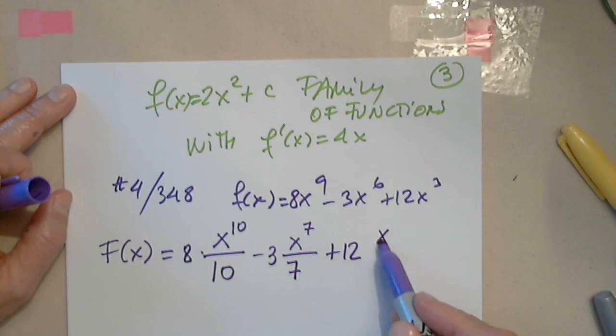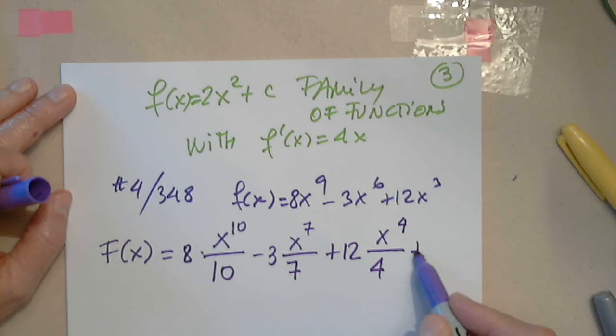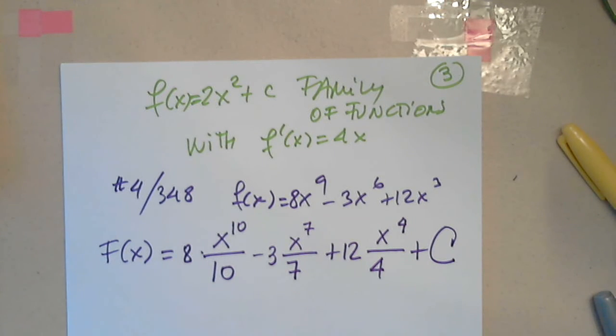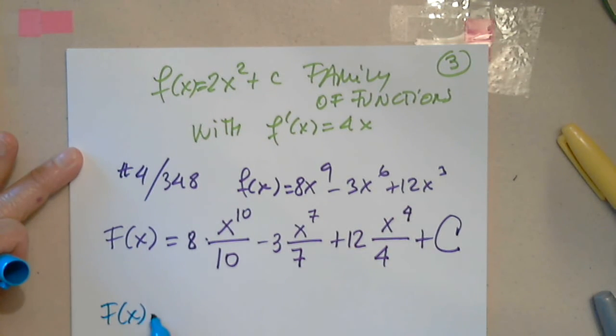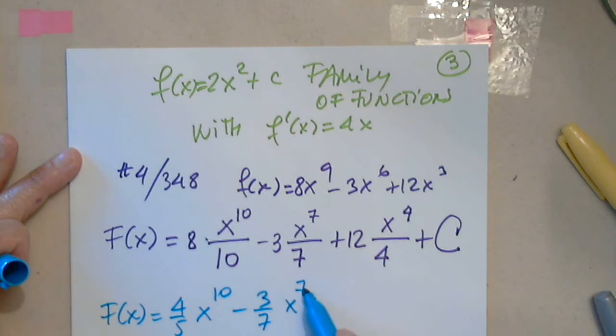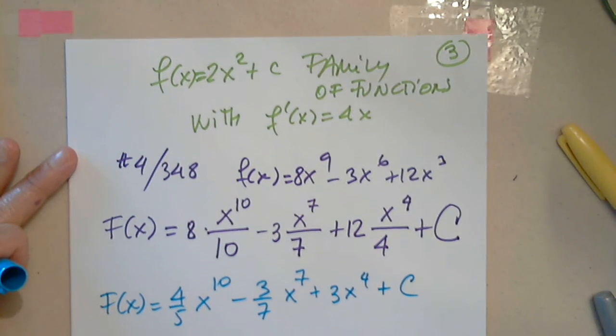Plus 12, I increase the power by 1, and I divide by the same number, plus a constant c. I will clean it up as much as possible. So F of x, I simplify by 2, and I get 4/5 x to the 10th minus 3/7 x to the 7th plus 3x to the 4th plus a constant c.